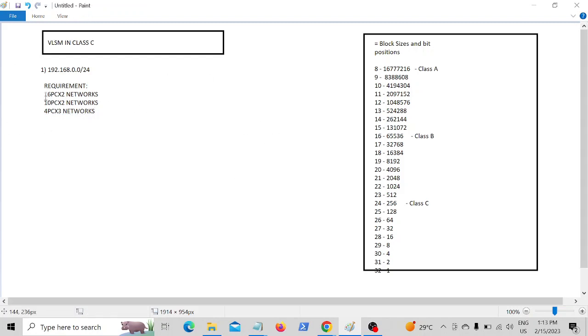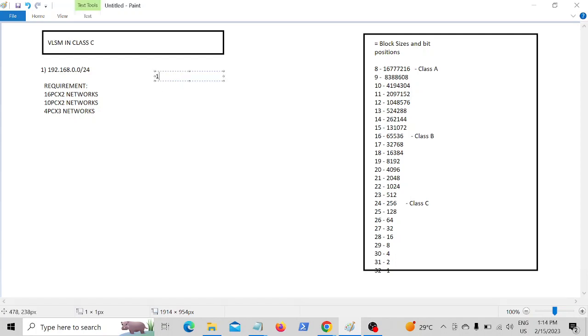So first, what is the best bit position and block size for 16 PC into two networks? For 16 PC, which is the best block size and bit position? 32 block size, 27 bit position.